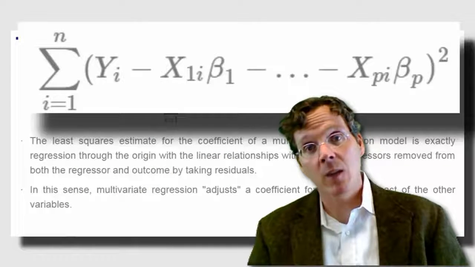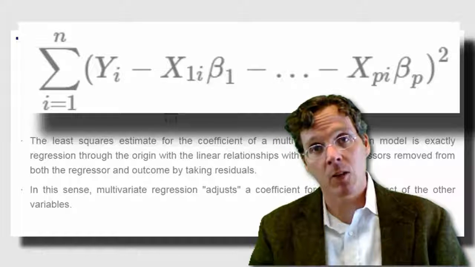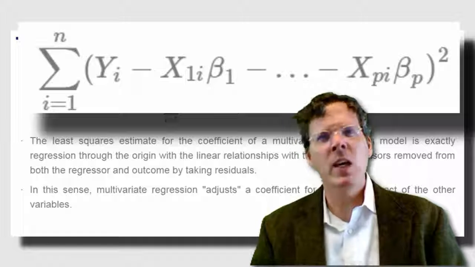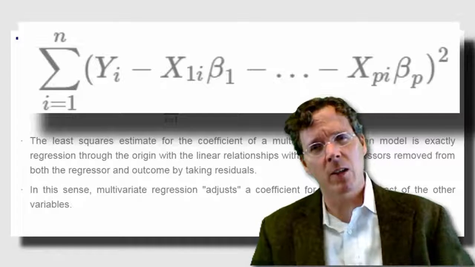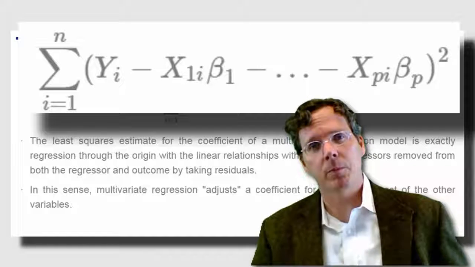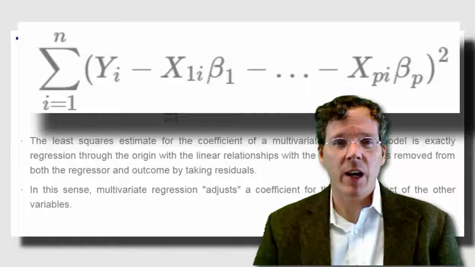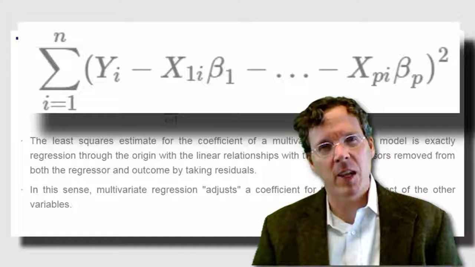If we take more than three variables, an intercept and then, let's say, three covariates, then we can't visualize it anymore. But it's the generalized idea of the vertical distance between the y's and some generalized version of a plane. And what we've seen is that multivariable regression adjusts for the other variables by taking residuals.